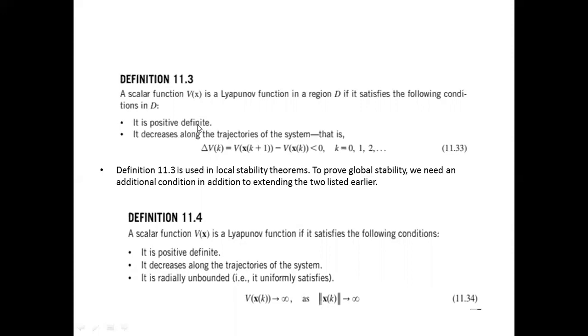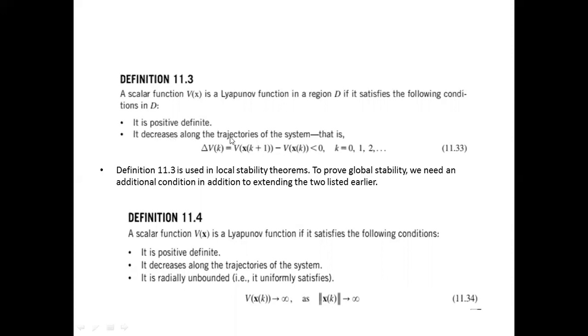That means if we're talking about energy, the energy is always greater than 0, and the energy decreases along the trajectories of the system. When the input to a system changes, the system gets disturbed and will try to attain a new state. That means it will be in transit. Now, for a stable system, the transition should die quickly and should reach 0. That is the meaning here.